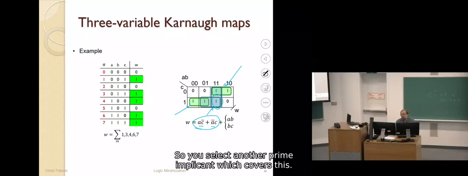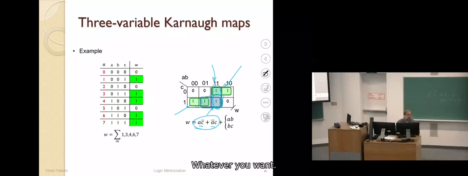So you select another prime implicant which covers this, and we have two options here. You could either select this prime implicant or this prime implicant, whatever you want. It's up to you. There is no difference. Both of them have two terms, and okay.